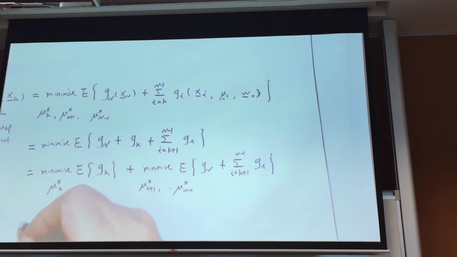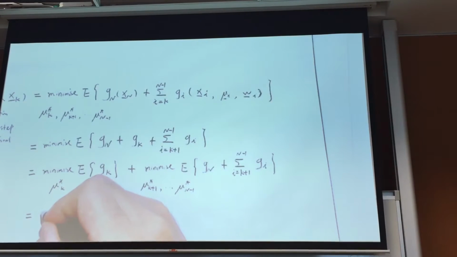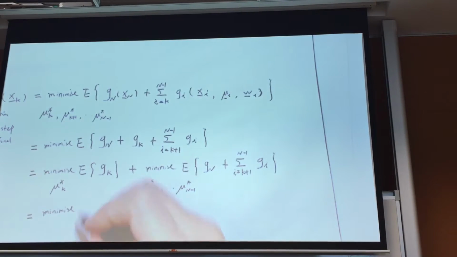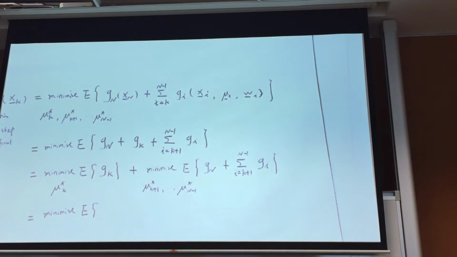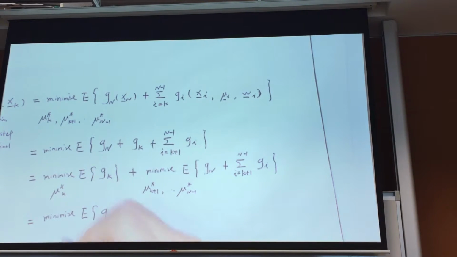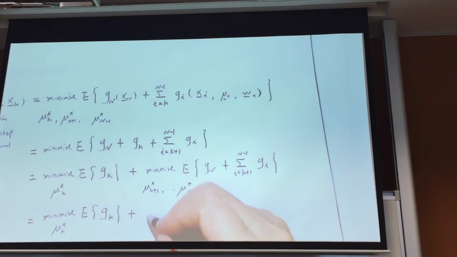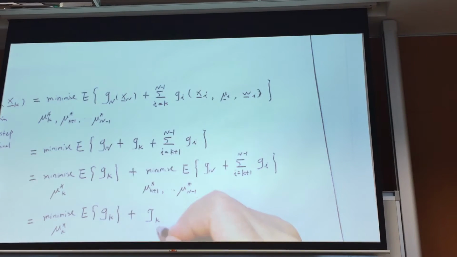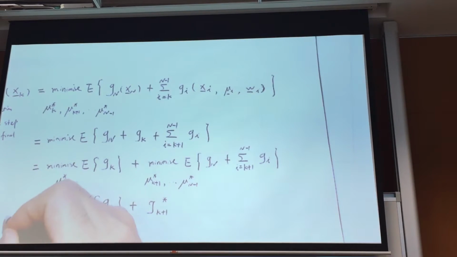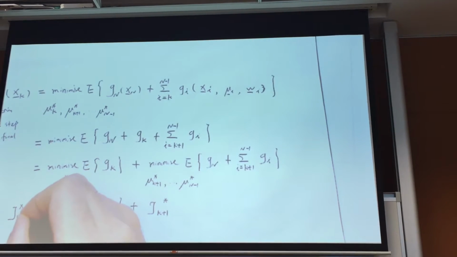So now we know this one can be given by this one-step iteration. So this becomes one step, and this one is just the optimal solution in the kth step. And this becomes our J_k star.